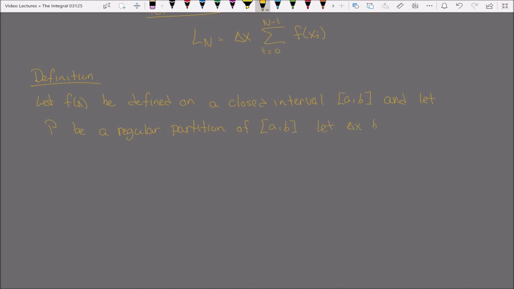Let delta x be the width of each subinterval x sub i minus 1 to x sub i, and for each i let x sub i star be any point in the interval x sub i minus 1 to x sub i.